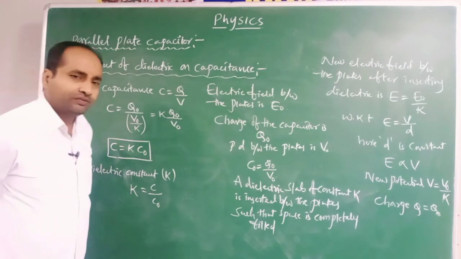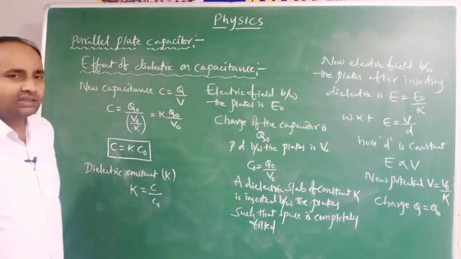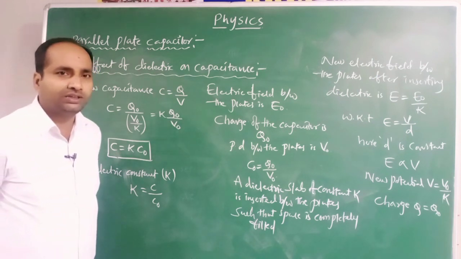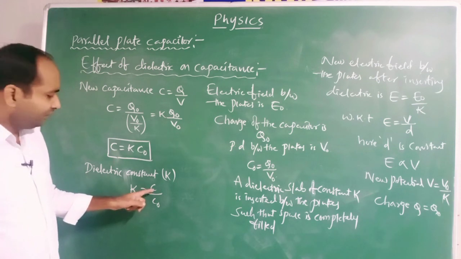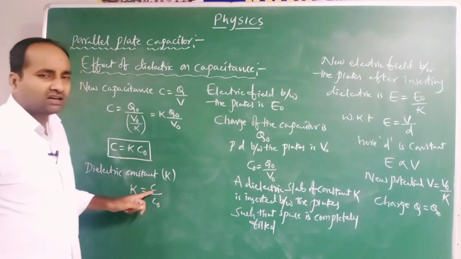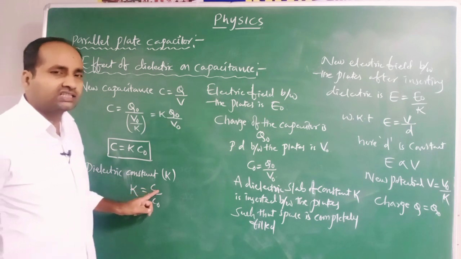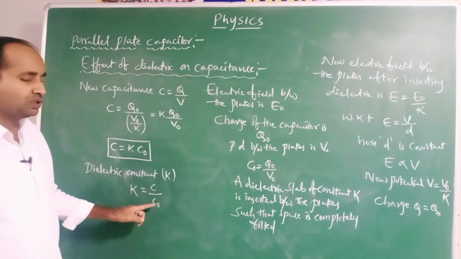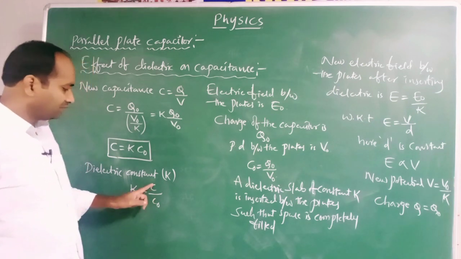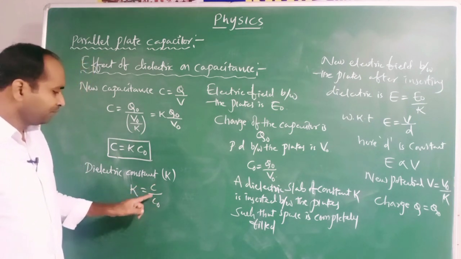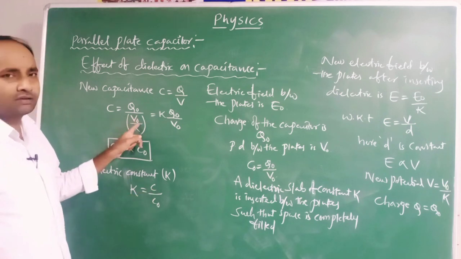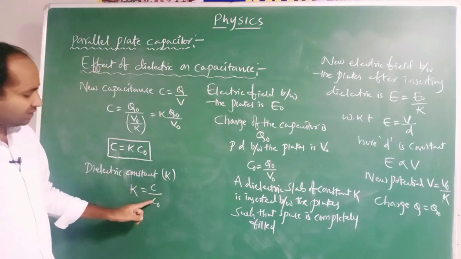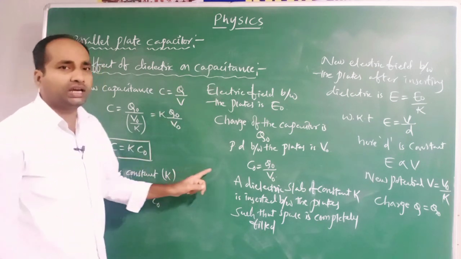It is the ratio of the capacitance of a parallel plate capacitor with the dielectric slab to the capacitance of the parallel plate capacitor without the dielectric. C is the capacitance with the dielectric, and C naught is the capacitance without the dielectric slab.